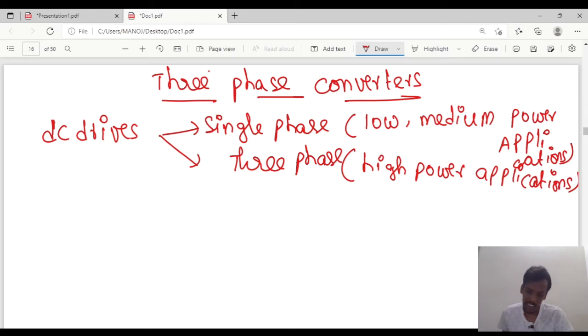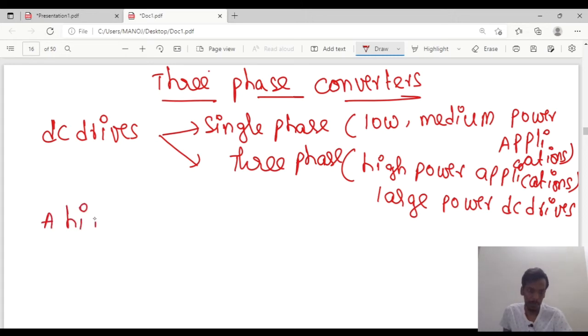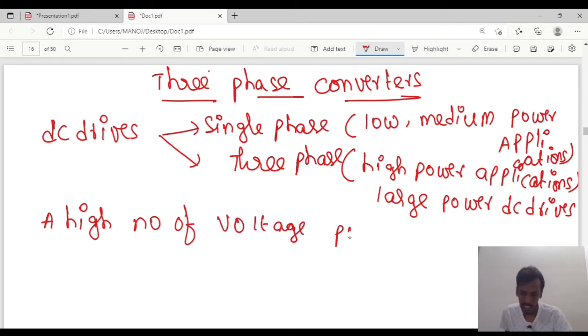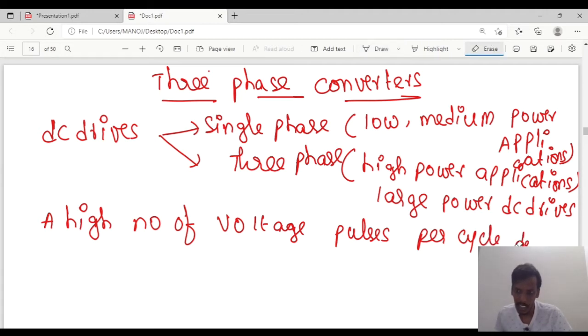So for such types of drives, we use them for large power DC drives. For this, a high number of voltage pulses can be generated per cycle of frequency.